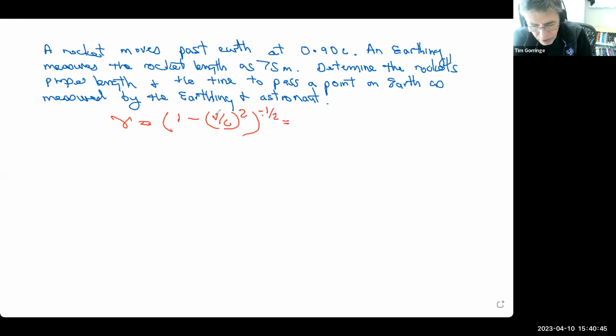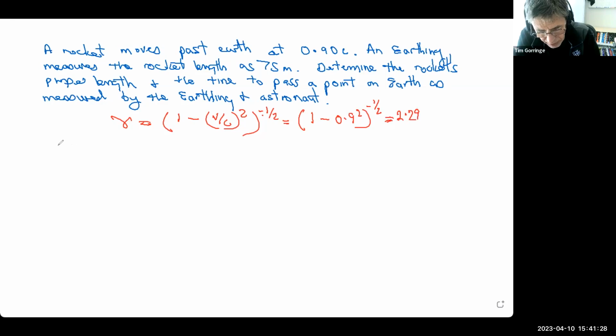We know the speed of the rocket with respect to Earth, or vice versa, so we can plug in v over c. It's going to be (1 minus 0.9 squared) to the power of negative 1/2. If you calculate that number, I got a value of 2.29.